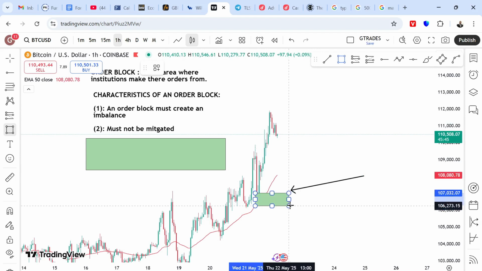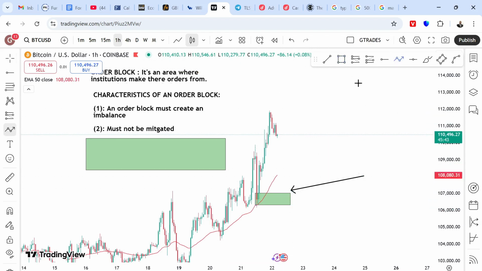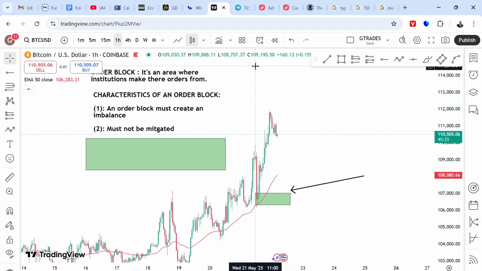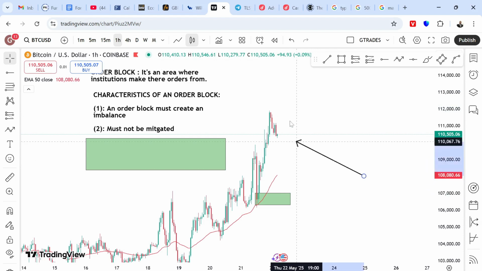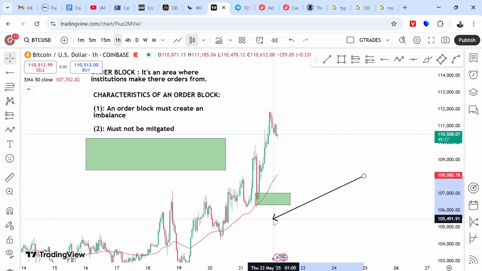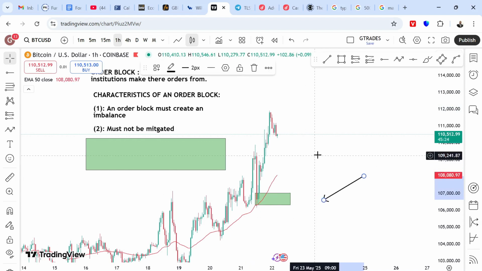Let's say this is our order block, and the moment price comes back into here, it has mitigated the order block. So that zone has been filled up. So we don't have an order block in that area again, right? So you want to make sure you are looking for an area where price has not been what? Mitigated.